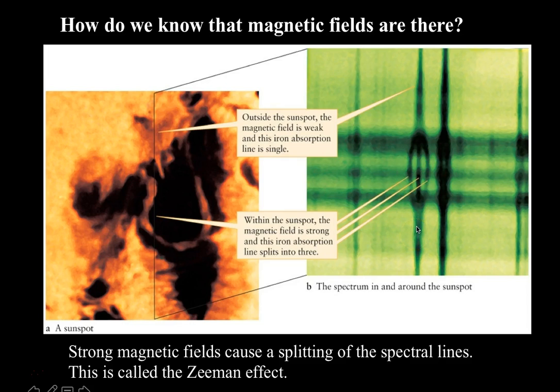Different elements will split in different ways. So this just happens to be an iron spectrum that we're looking at, an iron absorption line. And what we notice here is that we get 3 absorption lines associated with the sunspot. And if we look at a different sunspot, we're going to get something similar, but positive and negative show up in different ways.